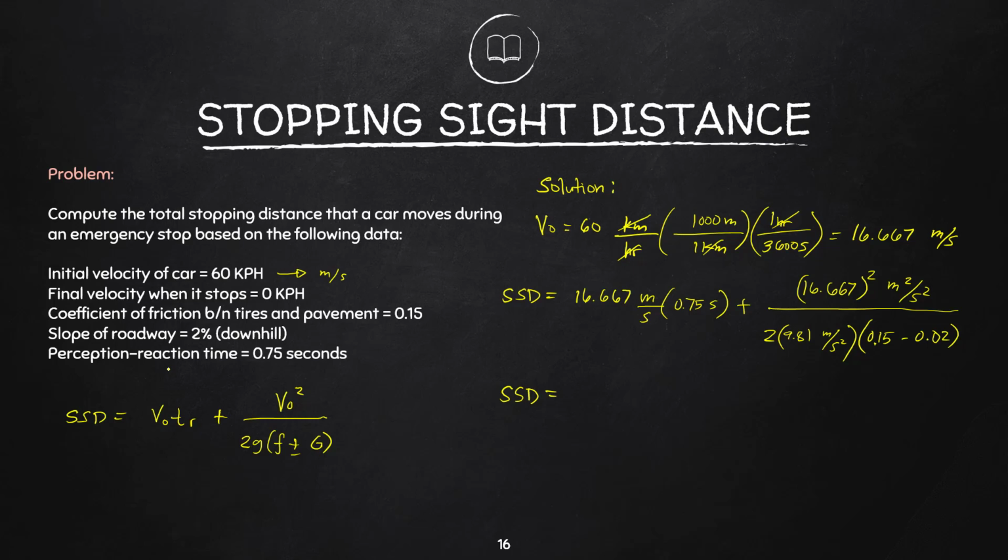Again, plus 16.667 squared divided by 2 times 9.81 times 0.15 minus 0.02. And we have here your total stopping sight distance to be equal to 121.41 meters.